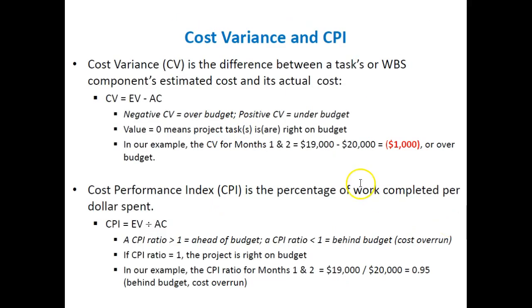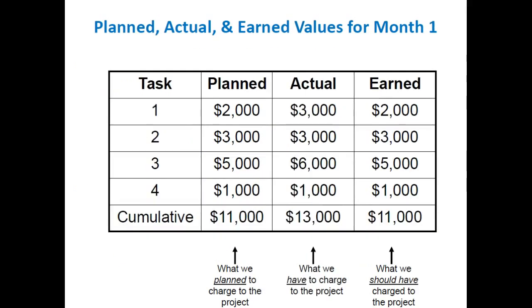So back here, the cost variance then is the difference between a task or WBS component's estimated cost and the actual cost, right? In our example, for months 1 and 2, we had an earned value of $19,000 and an actual cost of $20,000. And let me show you that again. So our earned value for month 1 was $11,000 because we completed all the tasks, and so we get the earned value of what it was budgeted, right?